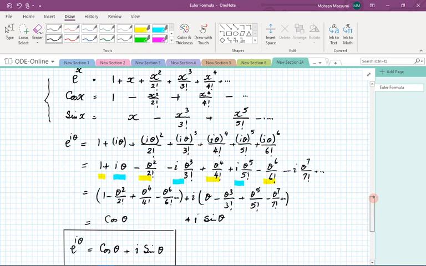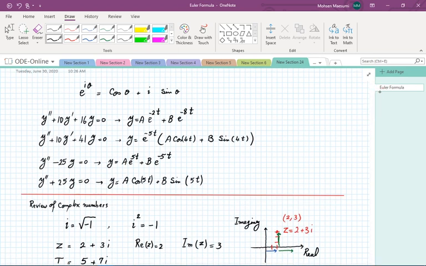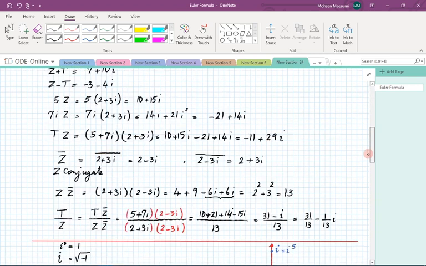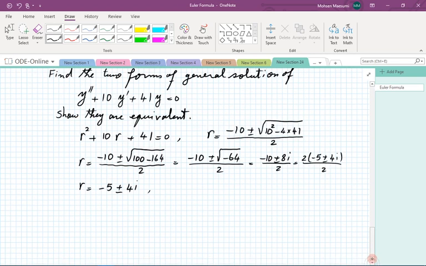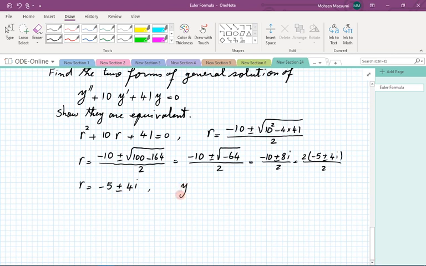So what do we do then? If we have two roots, we said one style of solution is to write with the exponential of those two roots. So here, this tells me I could have written this as a times exponential of (minus 5 plus 4i)t, plus b times exponential of the same thing but with a minus.